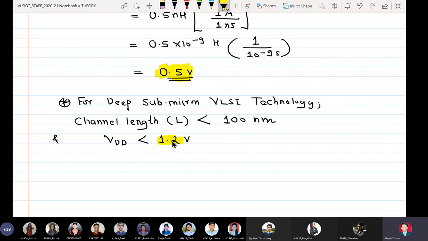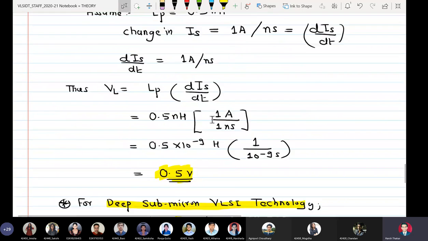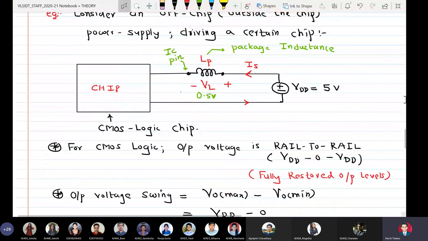Okay, for deep submicron technology, length is the same. So that means I have to replace this VDD from 5 volts to 1.2 volts.